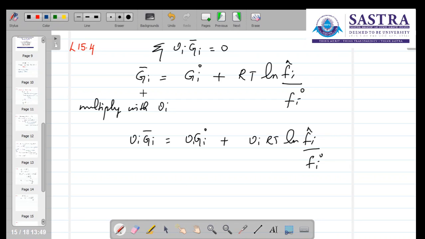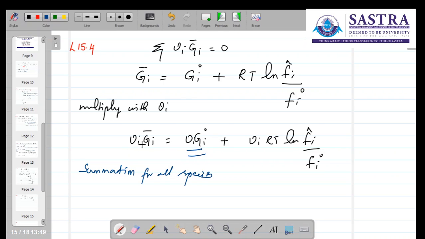Now see, this term denotes the Gibbs energy change of the reaction on summation. So that means now we have to do a summation for all the species.